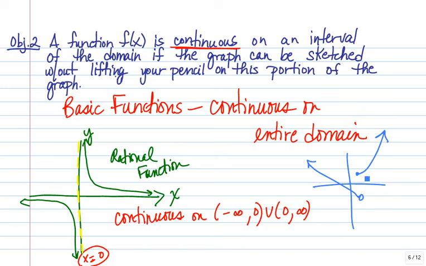So let's say maybe this is a point x value of 1. So you would say it's continuous on negative infinity to 1, right? And then from 1 to infinity. You can also see graphs that have holes in them, so anything like that is not a continuous graph.